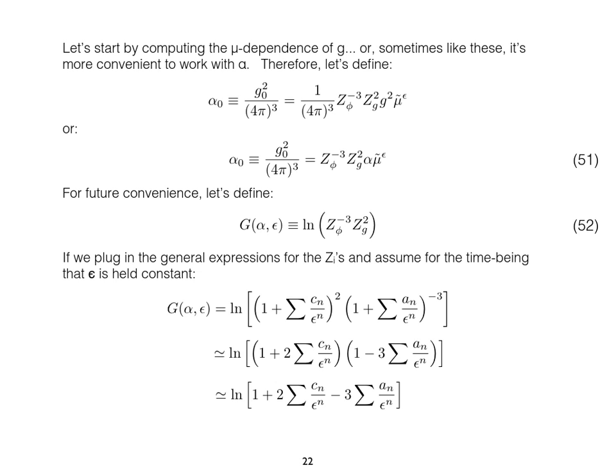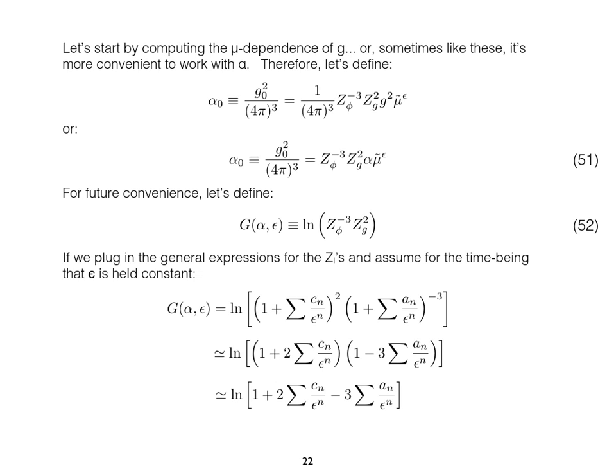And so what you can do with these guys is use some expansions. All right, so for the time being, just assume that epsilon is not small. Okay, that it's just a constant. Okay, and then we know that these coefficients depend on alpha. So if I go from here, I plug in my general expressions for z phi and zg.